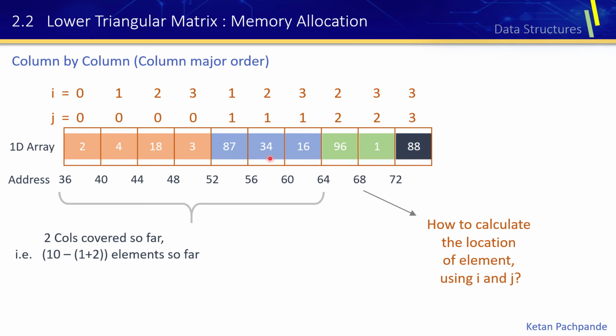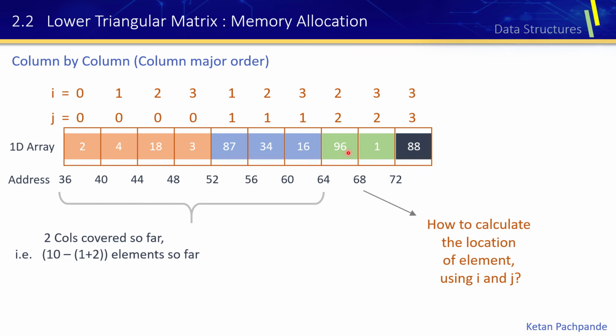Means total how many elements are stored before this particular column? I can say the total number of elements in the array is 10. 10 we have already calculated with the help of the formula n into n plus 1 by 2. So from the total number of elements, subtract the number of elements from the right hand side.